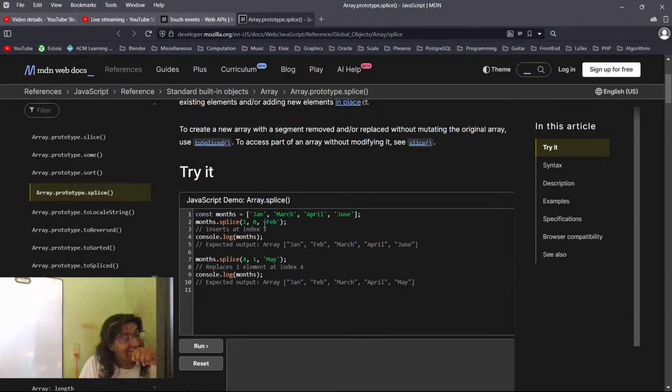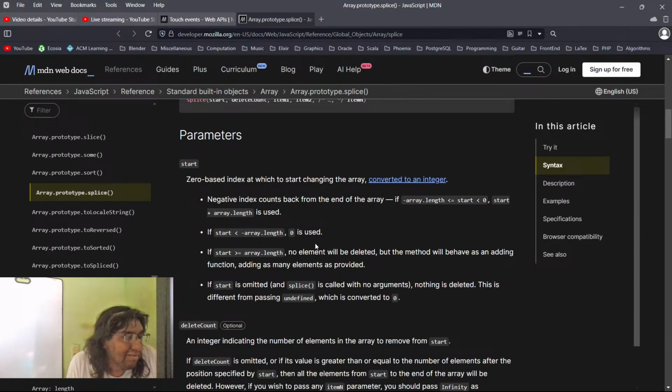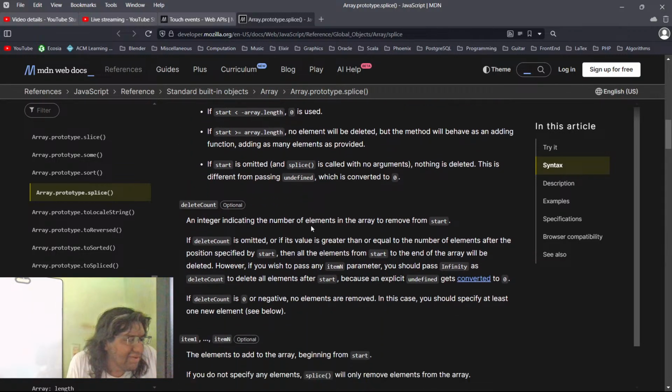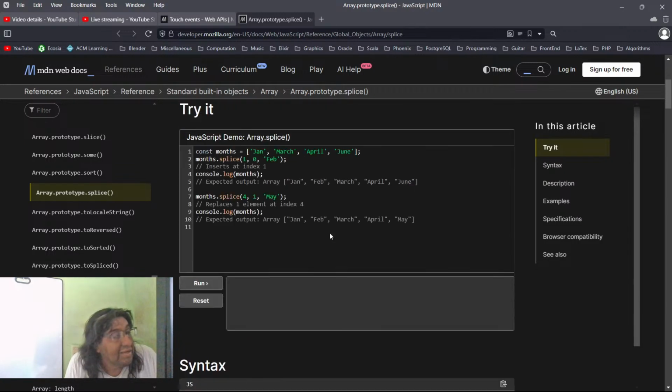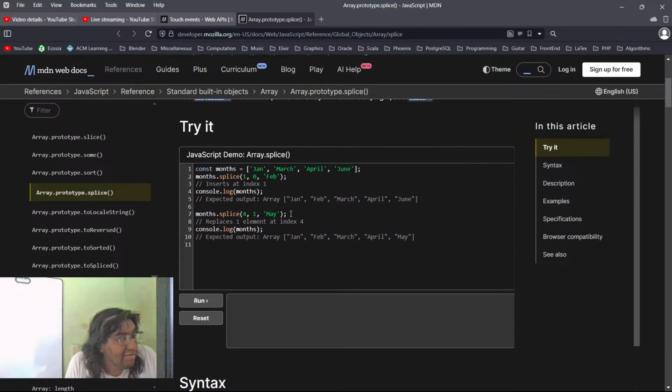Yeah, sometimes it deletes elements, and even replaces. So it doesn't mention when it adds elements and when it removes elements. So you can spend like 2 hours experimenting with this.